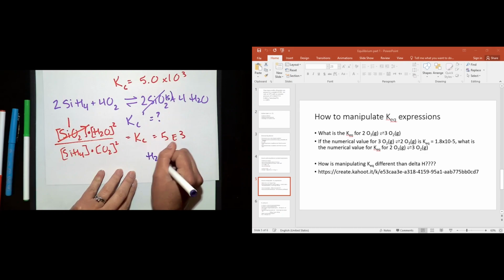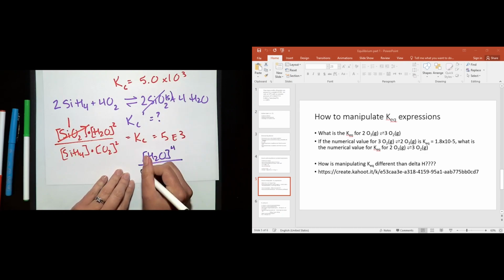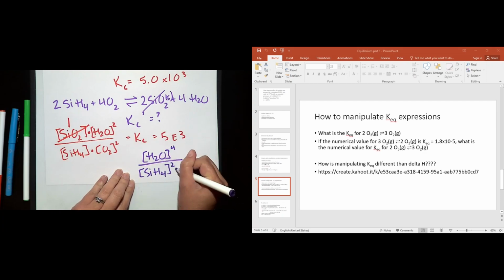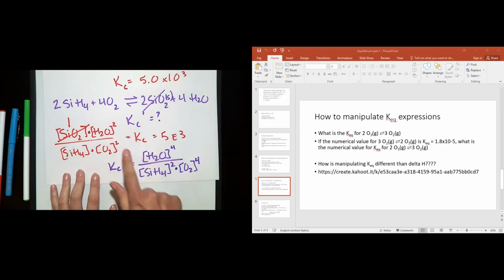So this is water to the fourth divided by this silane squared times dioxygen to the fourth. So I need a new number. The prime just means different. I didn't multiply these by 2 or I'd have a coefficient of 2 here. That's not how the equilibrium constant expression works.